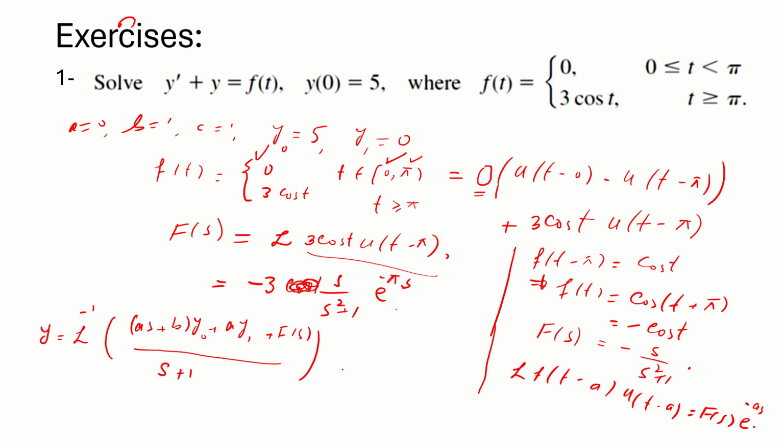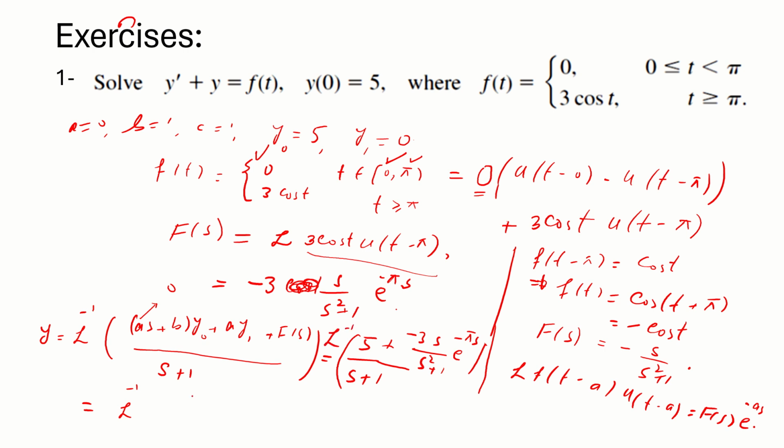So putting the values here, a in this case is 0 because we have a first order equation, b is 1, y naught is 5, and y1 is 0 as well. So altogether we'll have 5 divided by s plus 1 plus f of s, which is minus 3 s divided by s square plus 1 e power minus pi s, which might be written as Laplace inverse of, don't forget to write Laplace inverse here as well.